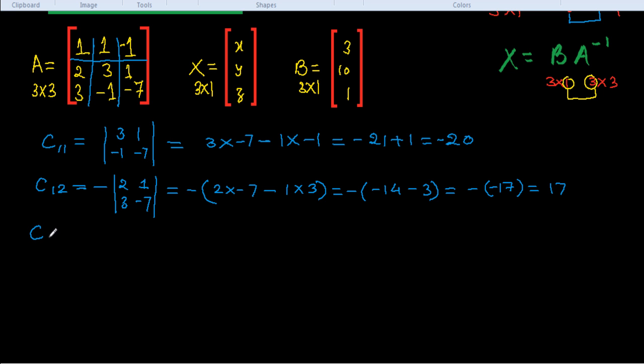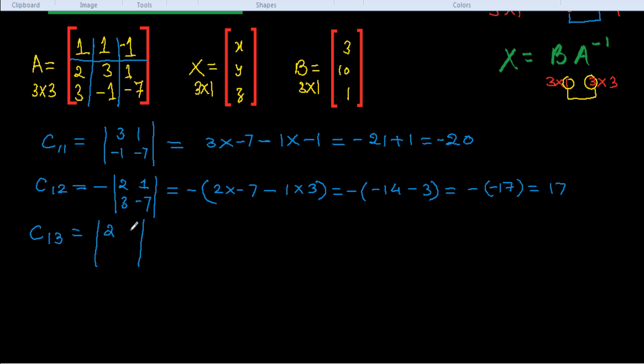Now we get C13. In C13 you see the sum of 1 plus 3 is 4, which is even. So we don't have to take the negative sign, we take the positive sign outside. This is A13, so it is in first row and the third column. The remaining elements after leaving first row and third column we take in this determinant.